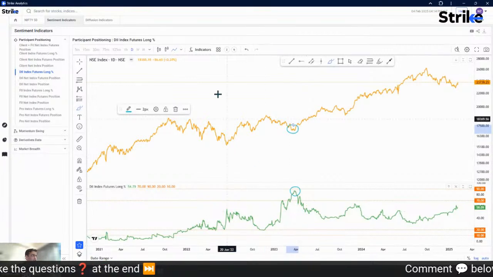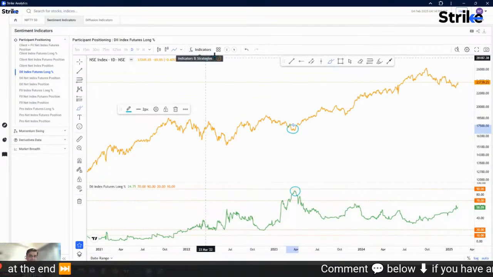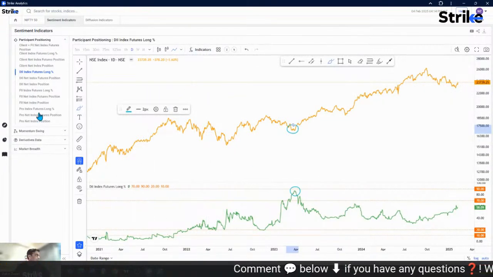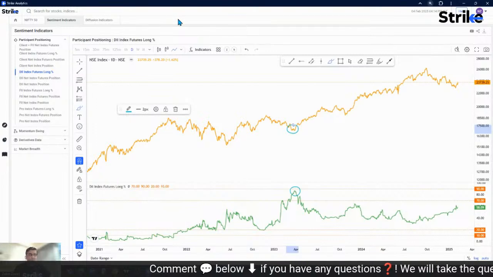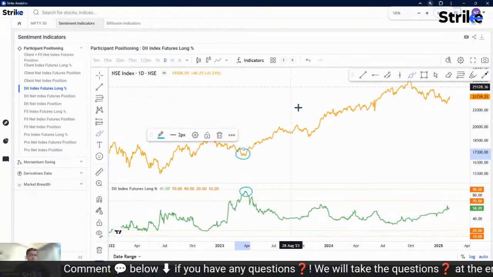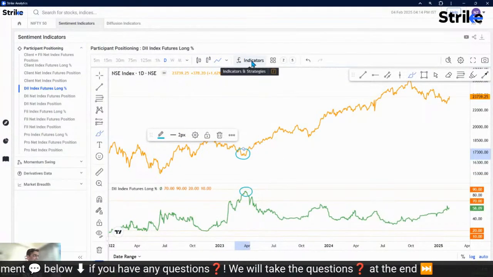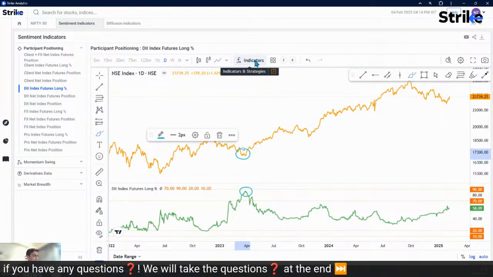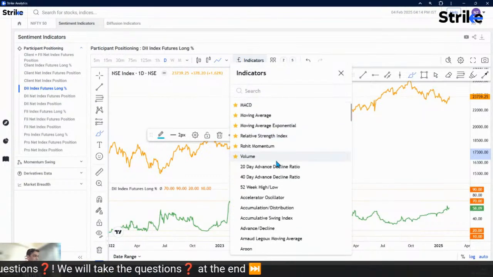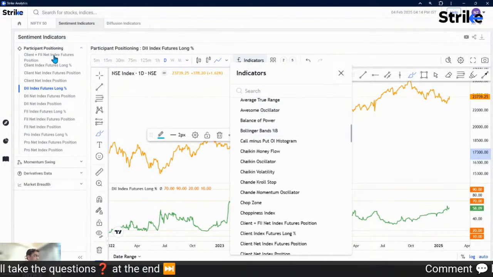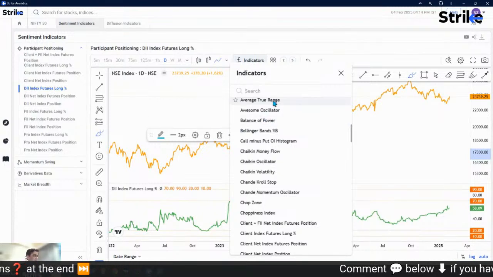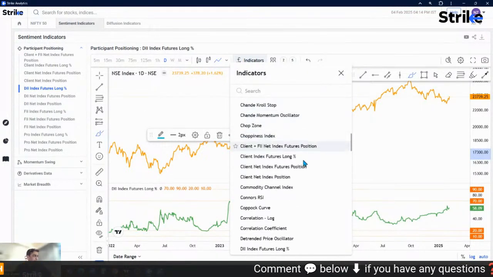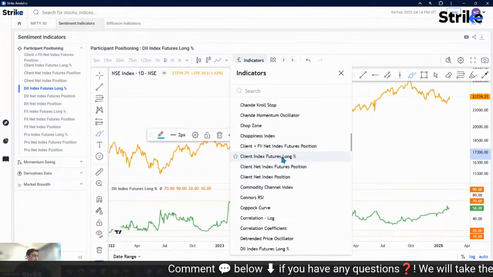What can be done is, when you click on this indicator section, let me just zoom in. Here there are indicators, and if you click on this, you will find some indicators that are mentioned on the left hand side of the screen as well. So you can select client index futures long percentage.